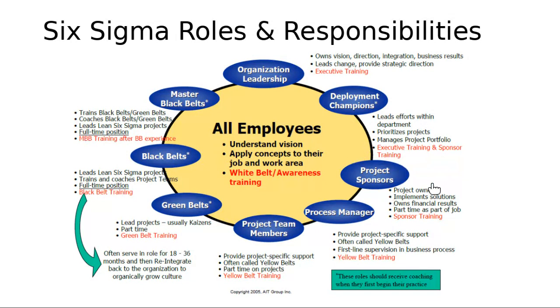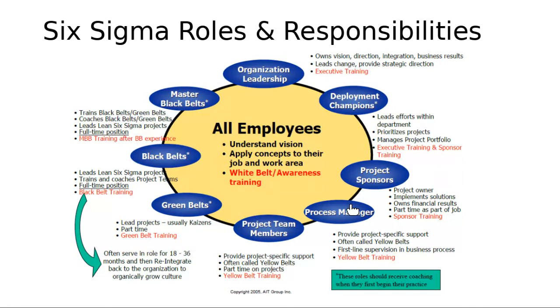Then after the champions, we have the sponsors, who are the project owners. For each project there is a project sponsor, not like the champion. The champion leads all the projects. Then we have the project or the process manager. The process manager is the one responsible from the organization as a supervisor.